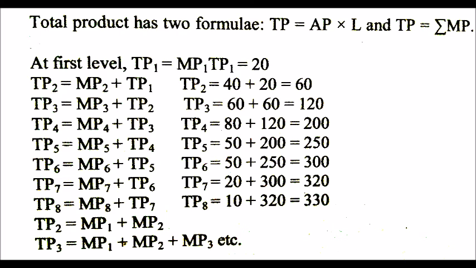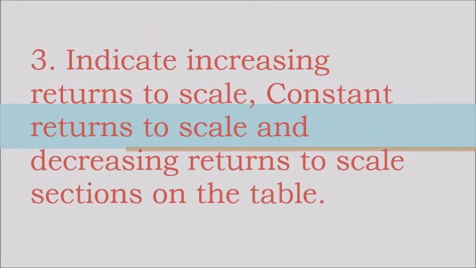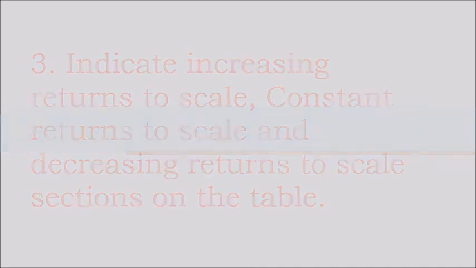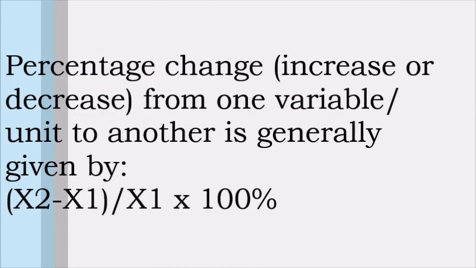Now let's solve question 3. They said indicate increasing returns to scale, constant returns to scale, and decreasing returns to scale sections on the table. By doing this, we need to calculate the percentage change in output or total product and compare it to the percentage changes in labor and capital before deciding which section represents the three types of returns to scale.